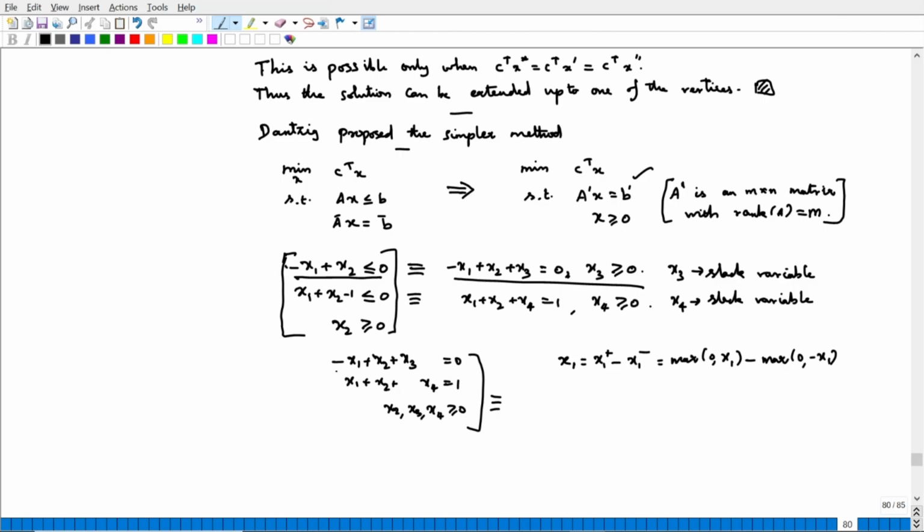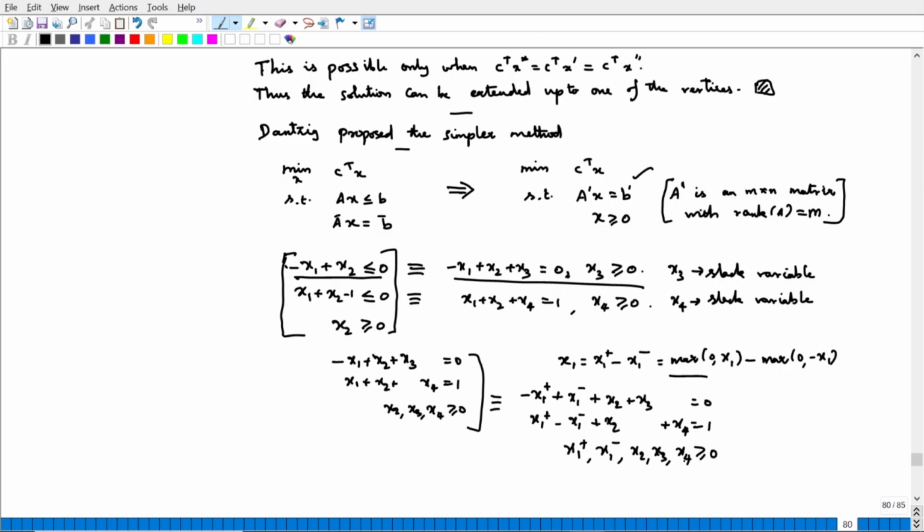Because of which the first constraint becomes minus x1 plus plus x1 minus plus x2 plus x3 equal to 0, and the second one becomes x1 plus minus x1 minus plus x2 plus x4 equal to 1, and here you have 5 variables now, x1 plus, x1 minus, x2, x3 and x4, right, and all of them are non-negative.